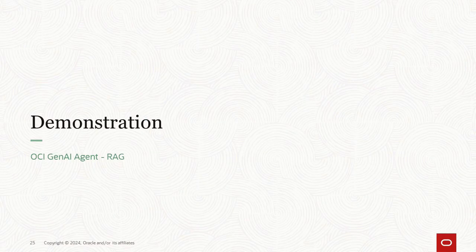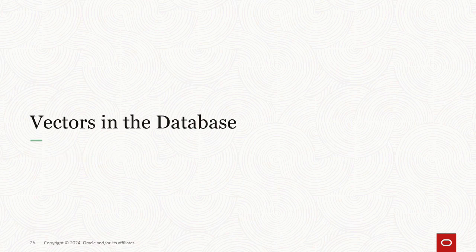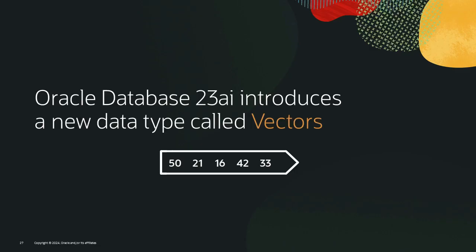Now we talked about the whole architecture of how to move things along for a RAG capability. Joe also showed the embedding capabilities. And I mentioned vectors in the database as a key component of building a RAG pipeline. So what Oracle has done in our 23 AI release is introduced a new data type called vectors.